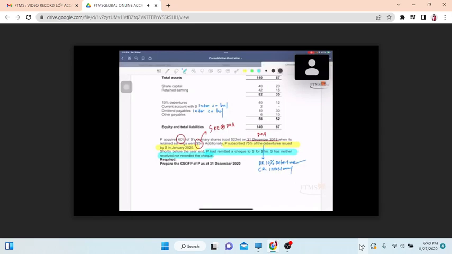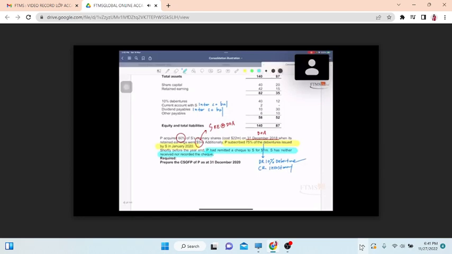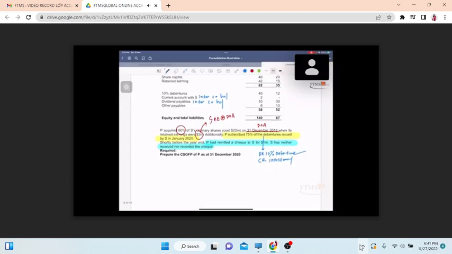P had remitted a check to S for 1 million. S has neither received nor recorded the check. This is something called cash in transit.